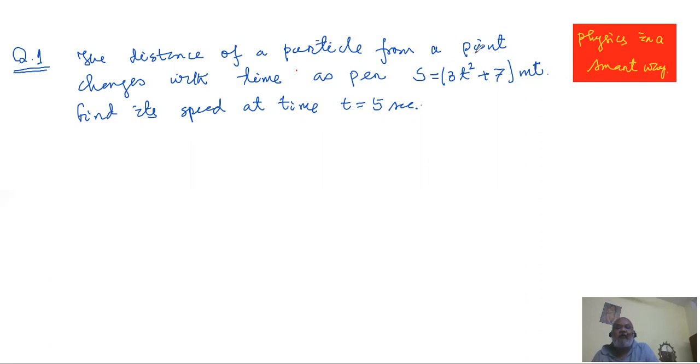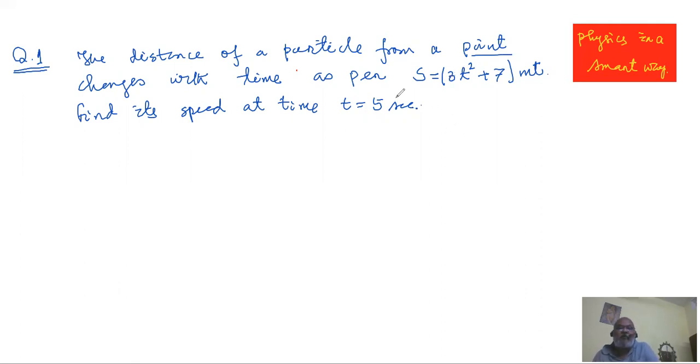The point is fixed, so thereby the particle is moving, and as a result of its motion, its distance or its position is changing. You may say position, you may say distance, both mean the same thing at the present juncture.